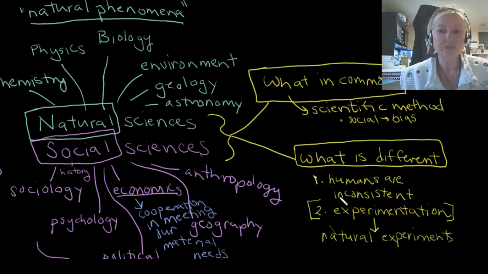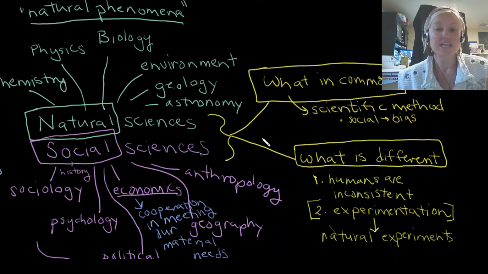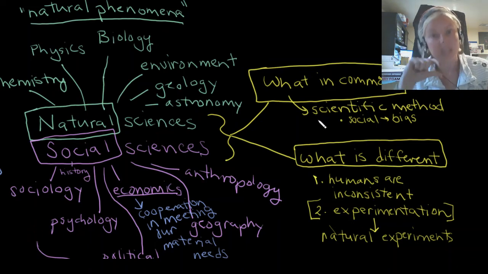So, because of these two different things, even though we use the scientific method in both natural and social sciences, even though the goal and objective is to constantly be upgrading and tweaking our knowledge and our information, our understanding of how the world works, because human beings are so inconsistent and because we can't really experiment on human beings ethically based on our values in our society, we look around at what's happening in the world around us and we try to draw conclusions from that.